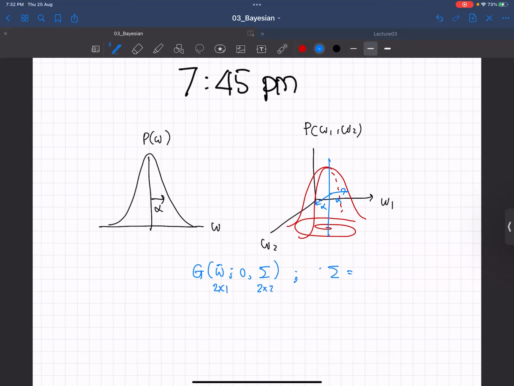So this becomes alpha, 0, 0, alpha. You know the identity matrix, right? It is 1, 1, so it's multiplied by alpha, alpha. So there's no relationship between the different dimensions. No, we assume they are independent. Thank you for that.